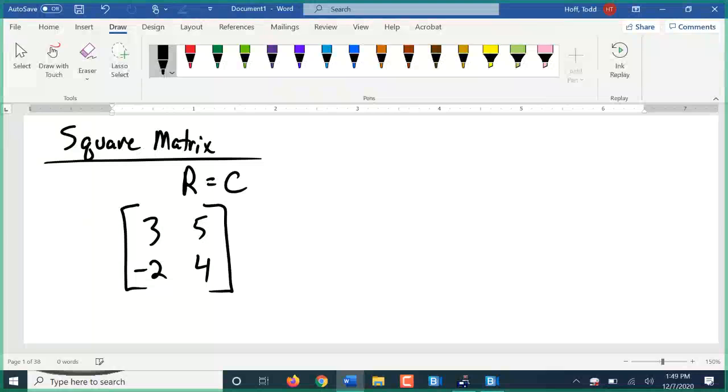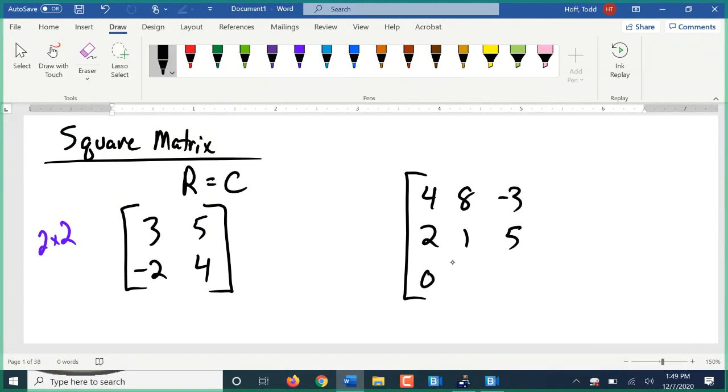So this is a square matrix because it is 2 by 2: 2 rows, 2 columns. This is a square matrix: 3 rows, 3 columns, 3 by 3.